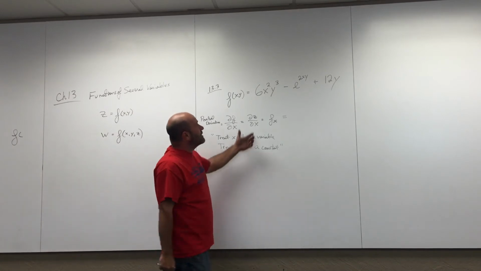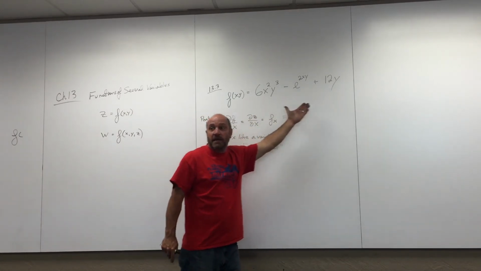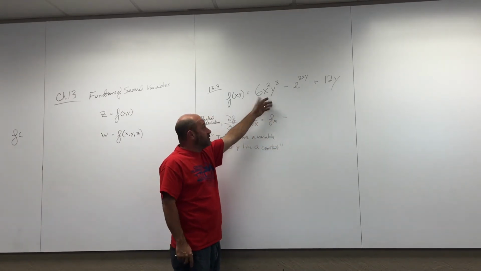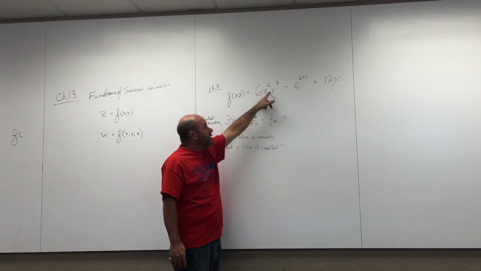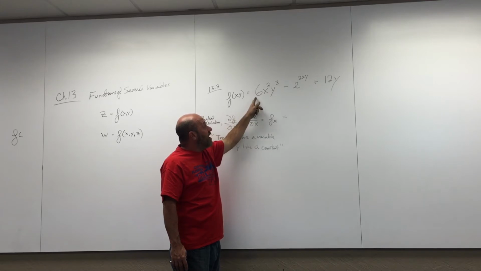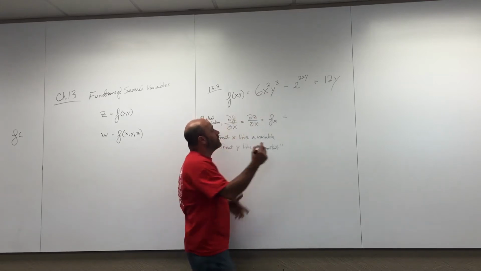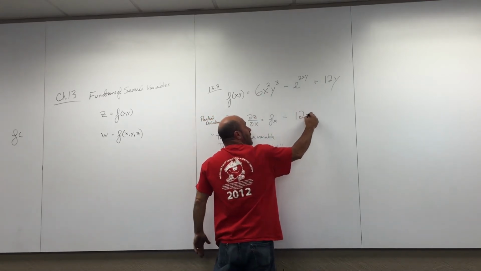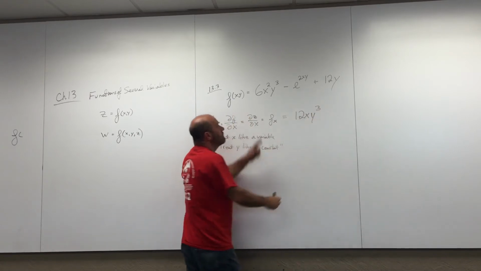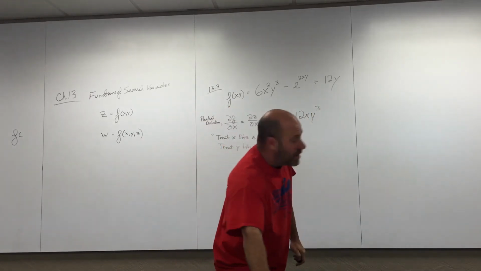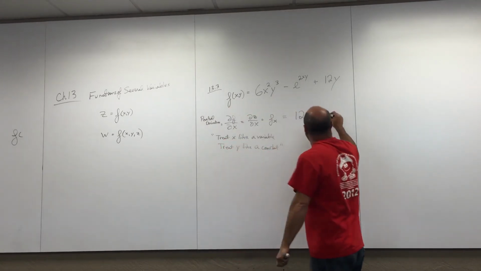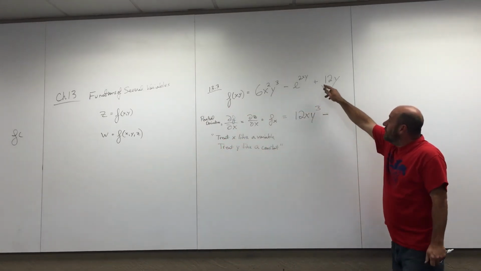So here I go. I want to take this derivative with respect to x. I should treat the y's like a constant, which means that y cubed is a constant. I think 12y cubed. 12xy cubed, or however, yeah, you guys were right. 12xy cubed. That's the derivative with respect to x. Minus 2y e to 2xy.